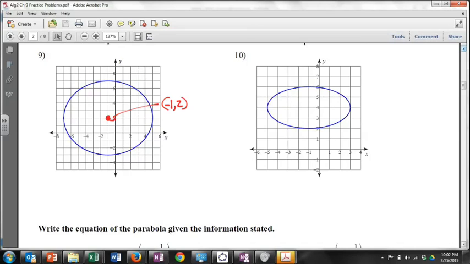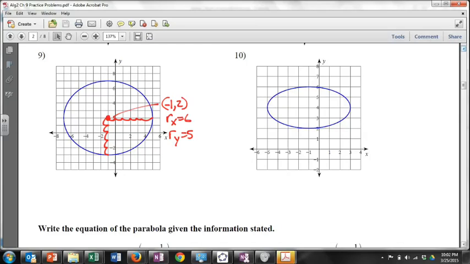We have 1, 2, 3, 4, 5, 6. Rx is equal to 6. The radius down or up, 1, 2, 3, 4, 5. So Ry is equal to 5.